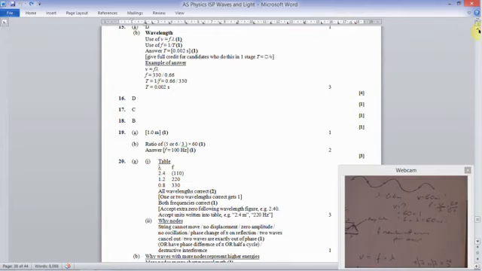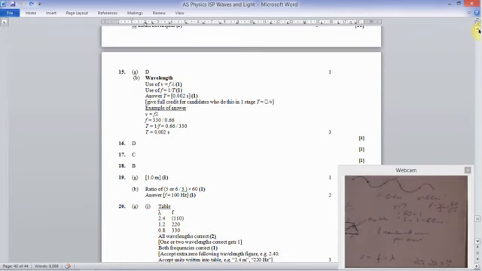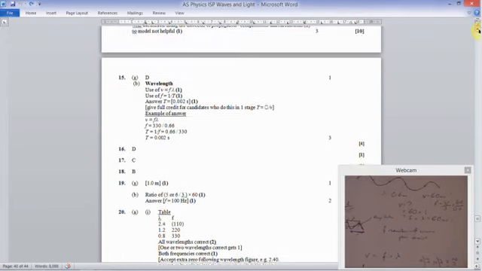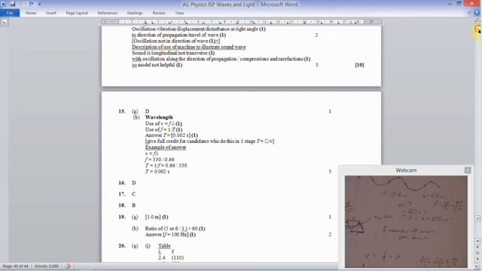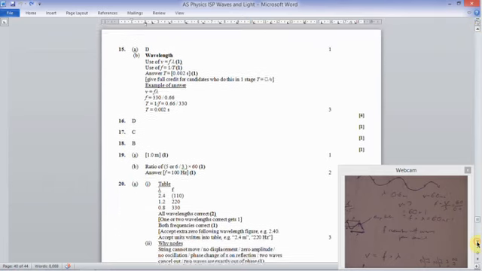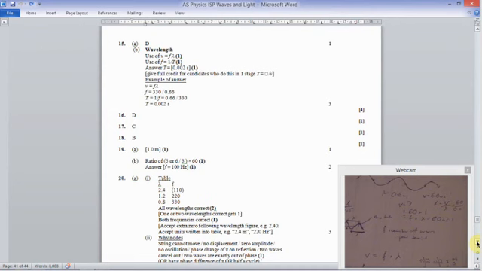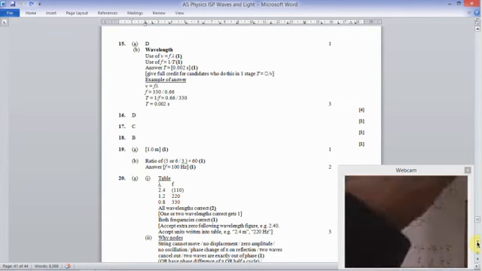Oops, daisy. Oh, I think I've typed something in wrong to my calculator. It might be 0.06 from the wavelength. Let's have a look. Yeah, it should have been 0.06, I think.